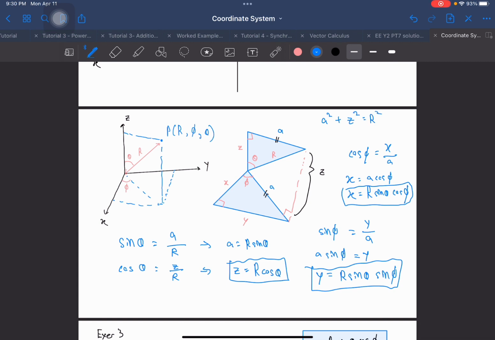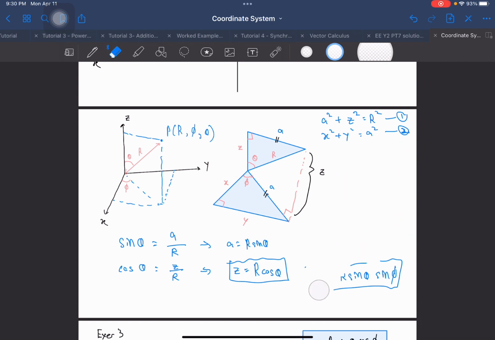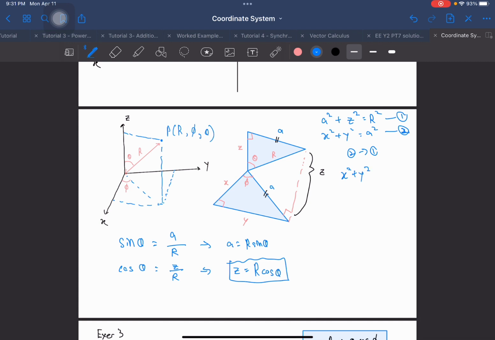But in the first, we got this a squared. So can you sub the second equation into the first equation? So we rub this off. If you sub second into first, you've got this, and we are done.